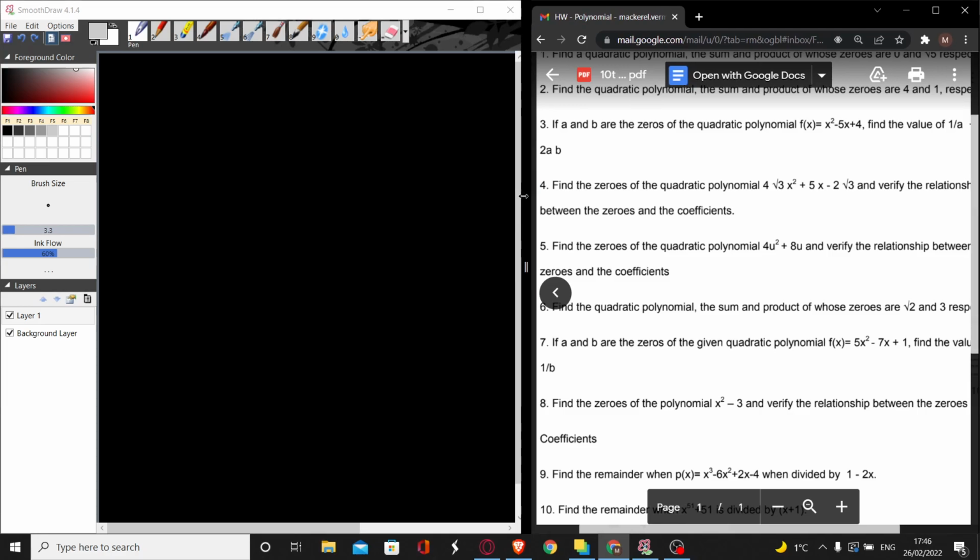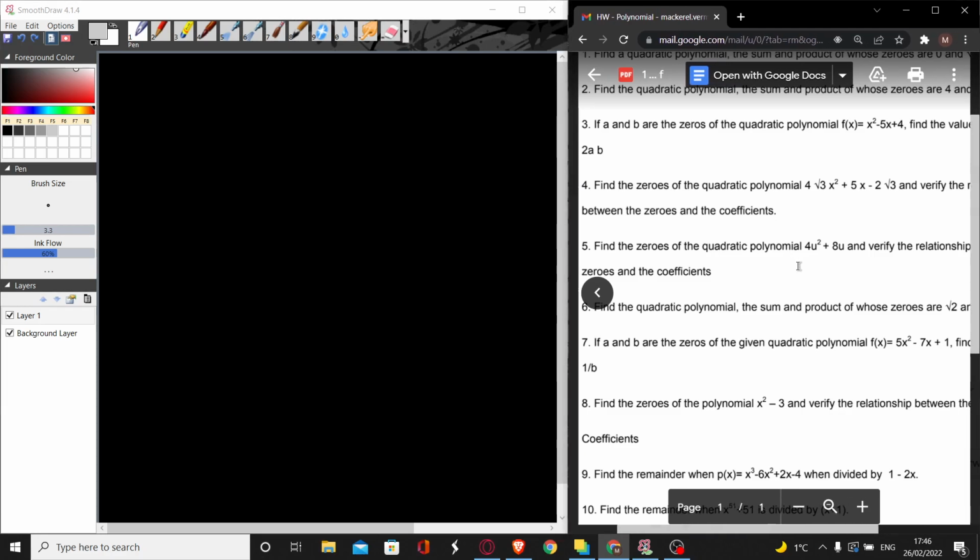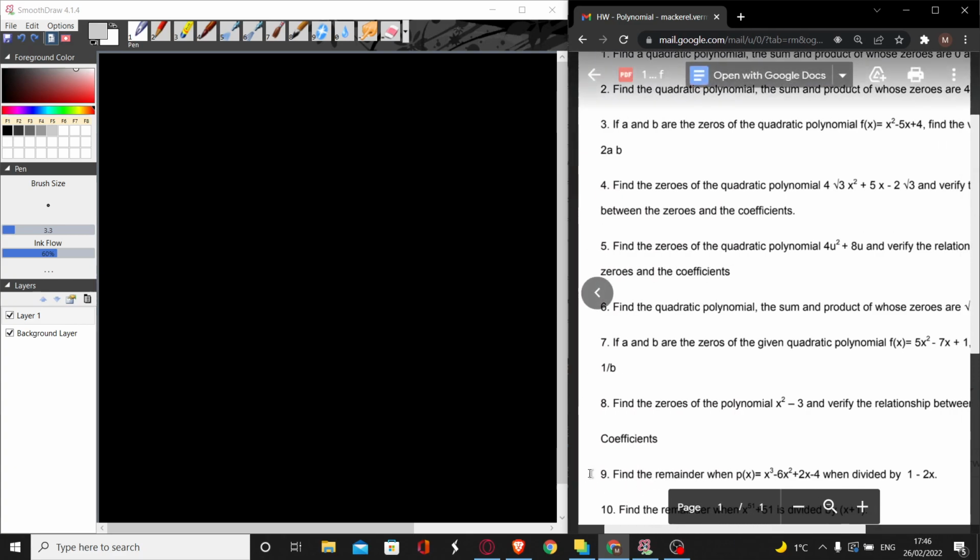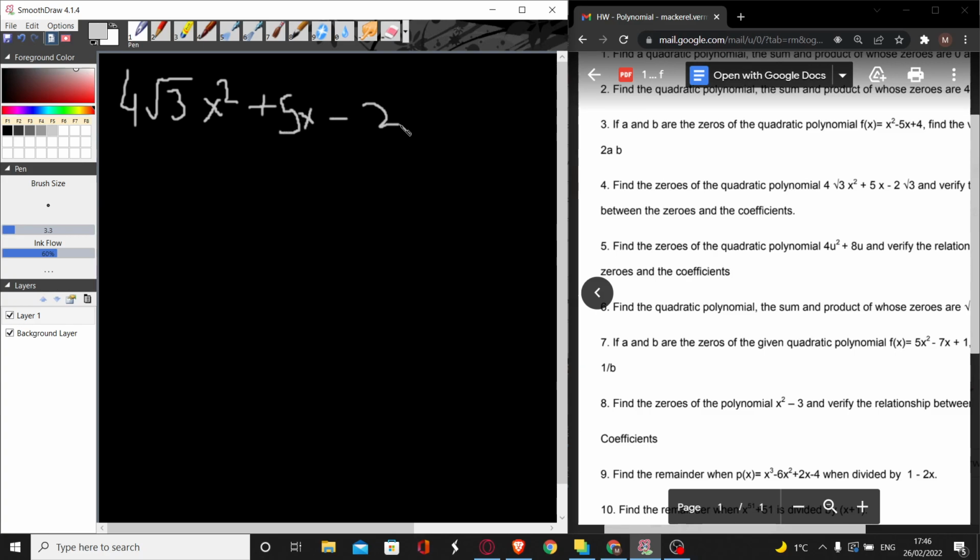So first I'm going to begin by writing. Basically now, if I just copy this down, 4 root 3 x square plus 5x minus 2 root 3.